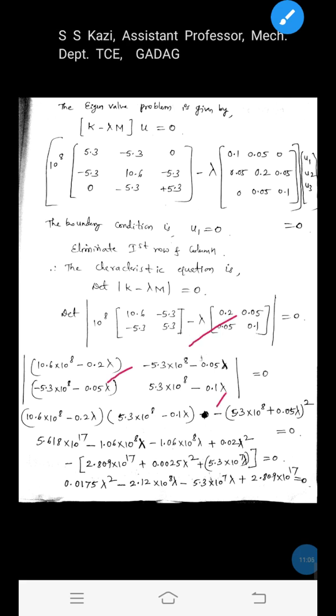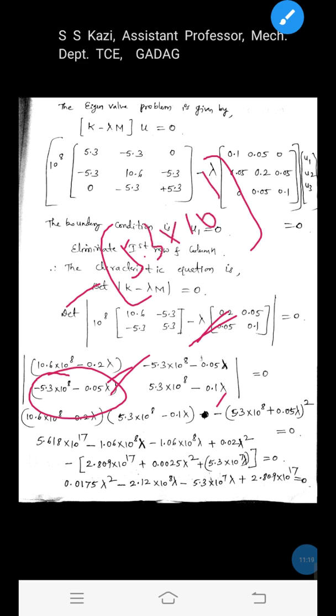product of these two will be, this can be written as minus of into bracket 5.3 into 10 raised to 8 plus 0.05 lambda. Both these terms are the same, so 5.3 into 10 raised to 8 plus 0.05 lambda. Since both are the same terms, you can write it as a square.